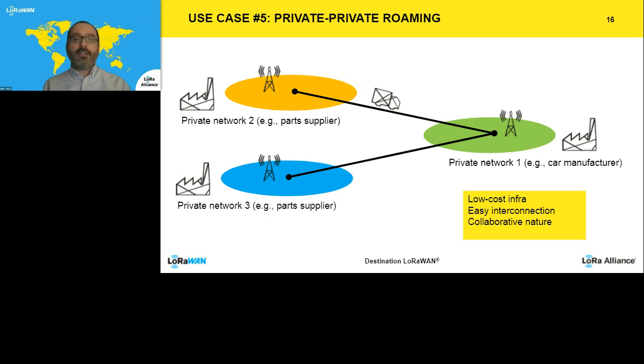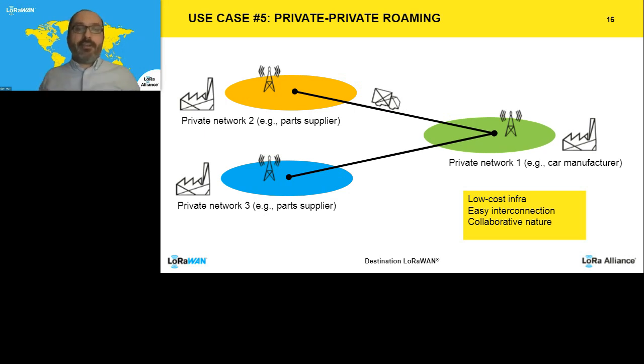Now, by setting up roaming between those 3 private networks, such assets can enjoy the connectivity provided by the gateways in every one of these sites, whereas the data can be aggregated at the proper private network. And again, the low-cost infrastructure, easy interconnection, and the collaborative nature of our technology and the ecosystem play a very important role in this.